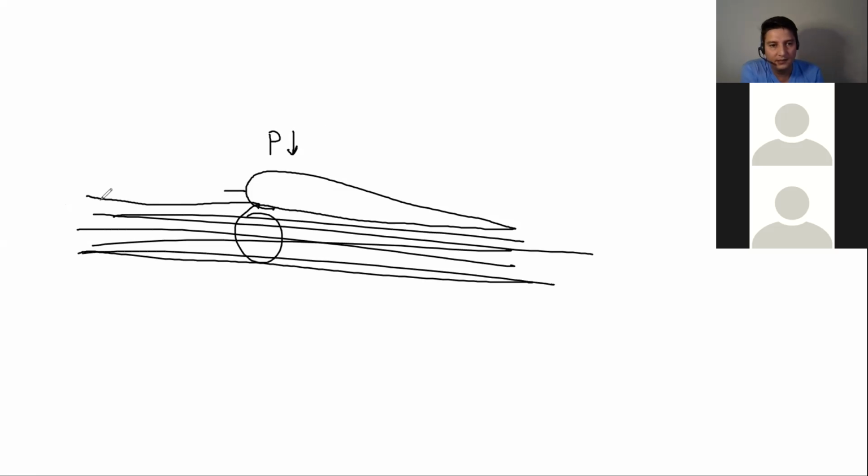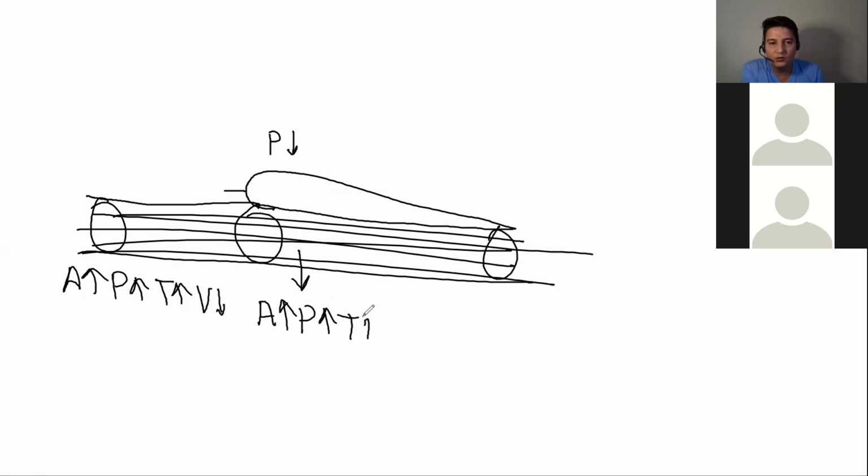This area, this area, this area is all the same. Cross-sectional area is big. Static pressure is more. Temperature is more. Velocity is less. Same case here. So at the bottom of the wing, pressure is more.